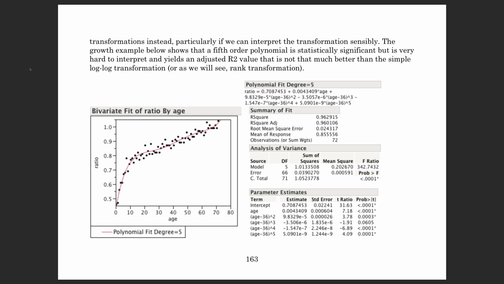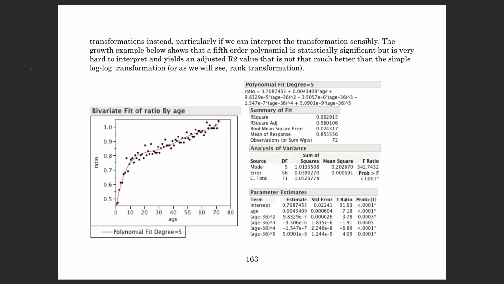That means it has age in it, age squared, age cubed, age to the fourth, and age to the fifth. If you look on the right-hand side, at the top we've got what the equation is. You can see it's a very complicated model, right? We have 5 coefficients plus the intercept.